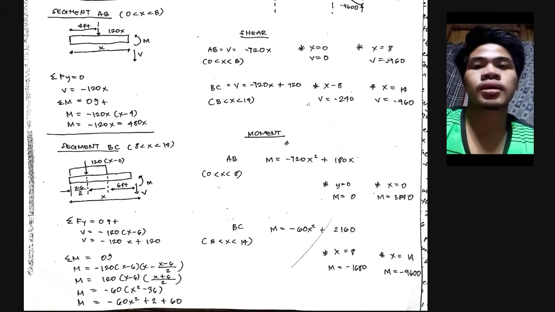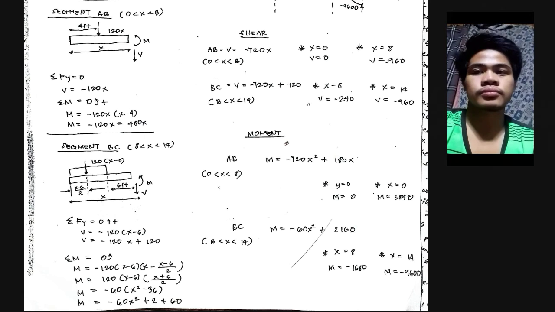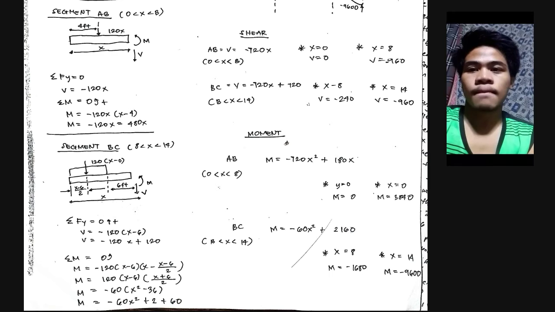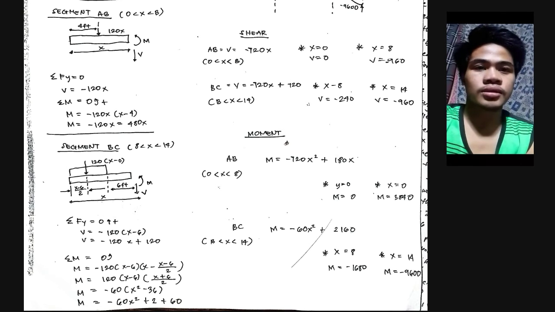And we're now solving for the shear and the moment. Setting the summation of vertical forces equal to 0, we get the shear force is equal to negative 120 multiplied by x minus 6 and 480, and that gives us an equation of negative 120x plus 720 rather.